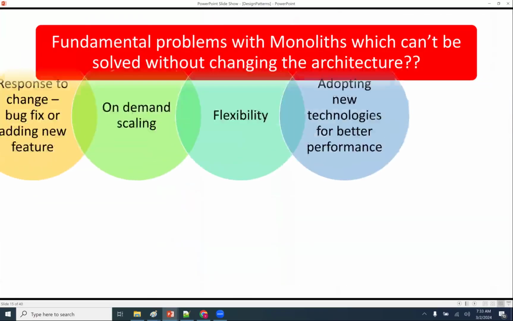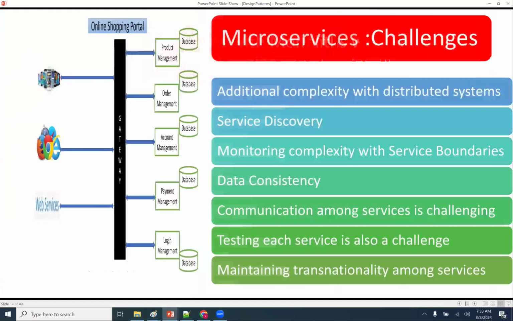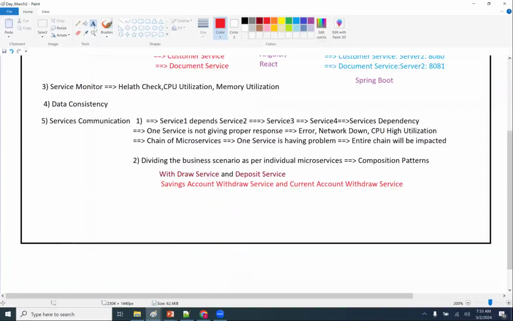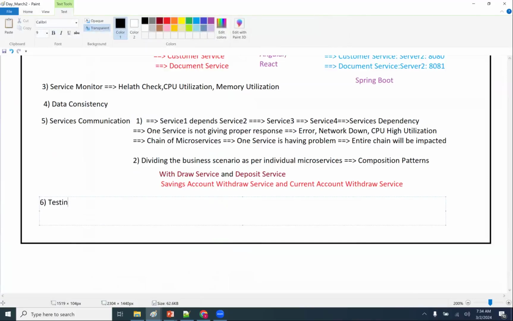So what is my point here? Testing each microservice is also a challenge in terms of writing the code. We need to write code, right, sir? Also testing and debugging the microservice is a challenge.